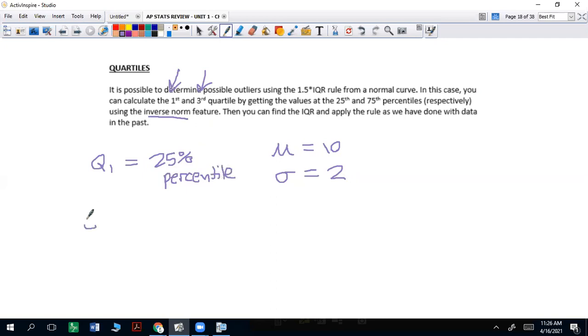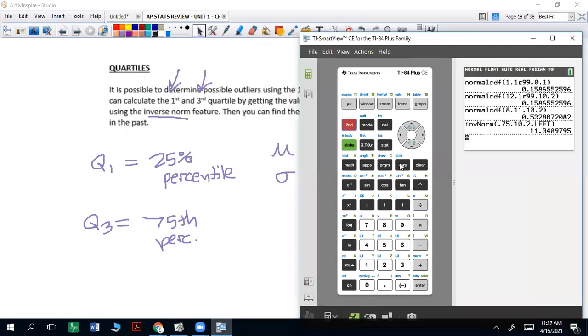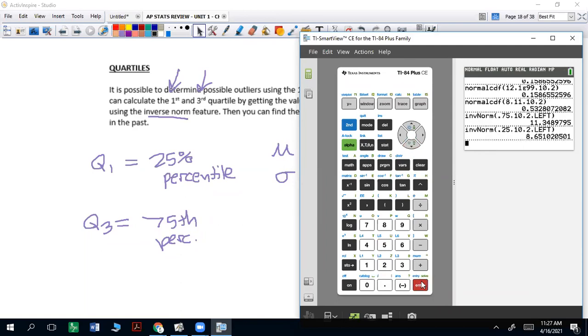And then Q3 is going to be at the 75th percentile. So you would do the inverse norm with those numbers. And just do 0.25. And this number represents your 25th percentile, 8.65. And then the 75th percentile is here.